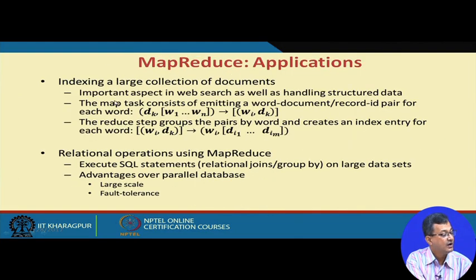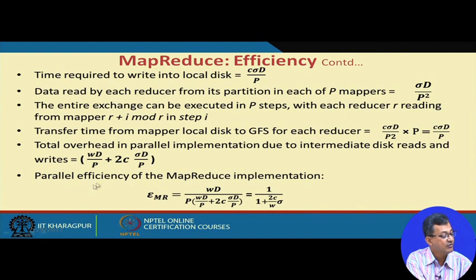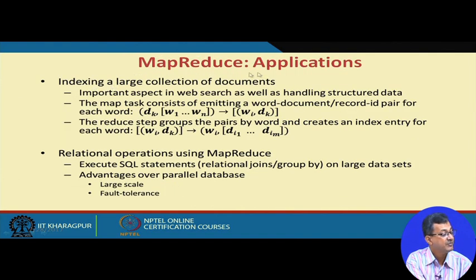So this is what we get as the parallel efficiency. Now, for indexing with MapReduce, there are several types of applications. One is indexing a large collection of documents, which was one of the major motivations for Google, and is important for web search as well as for handling structured data.